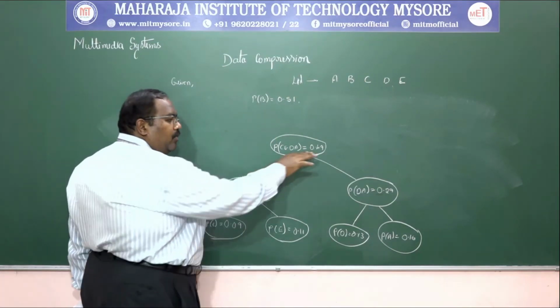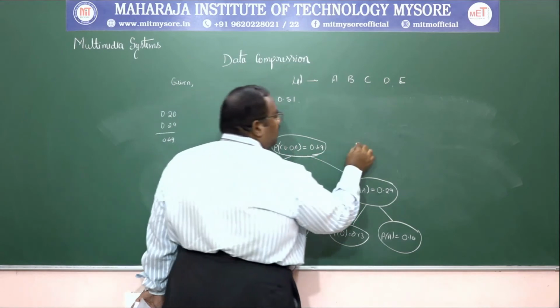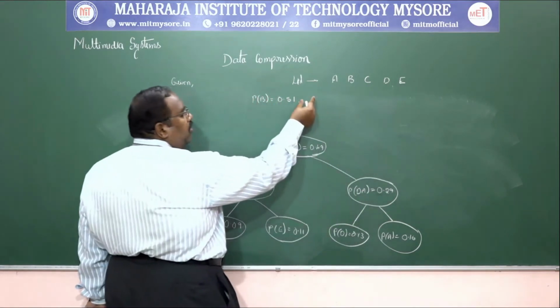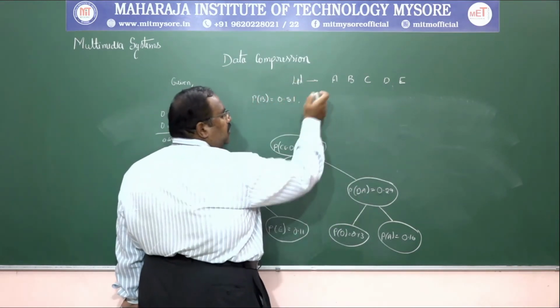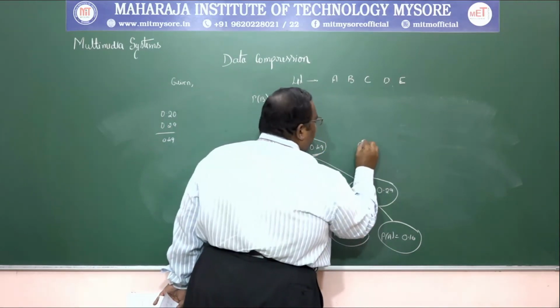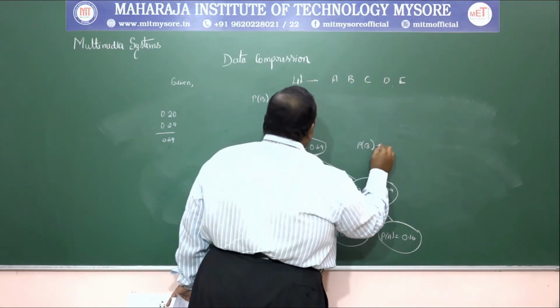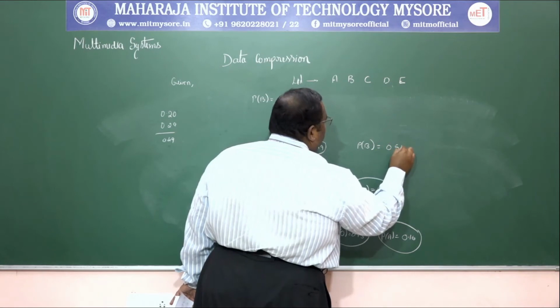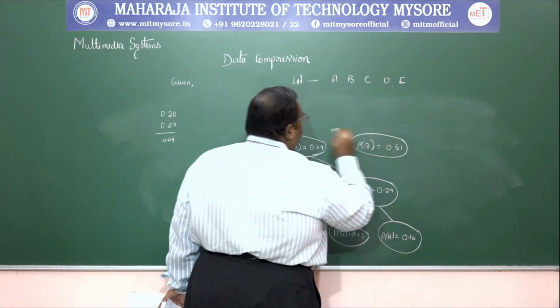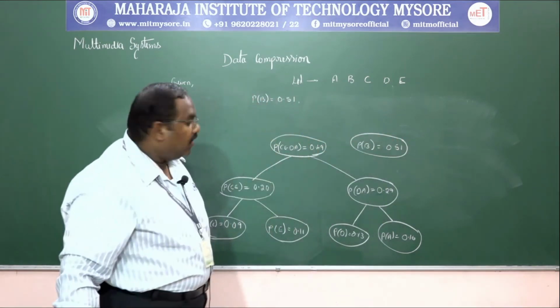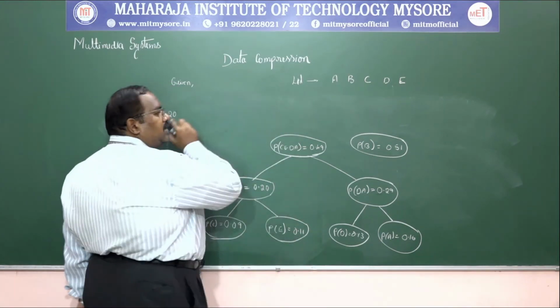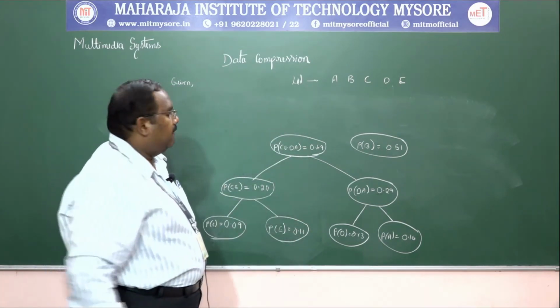So 0.49 and 0.5 can be merged to form one single node. So let us take here probability of B is equal to 0.51. So let us combine. Since we have made use of this node also, the list becomes totally empty.